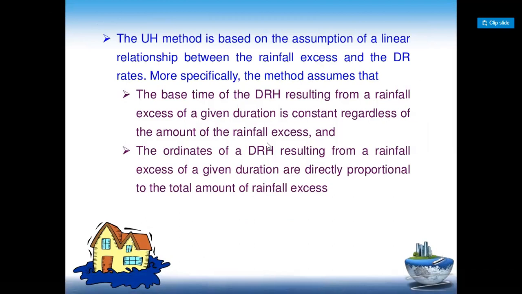More specifically, the method assumes that the base time of the direct runoff hydrograph resulting from a rainfall excess of a given duration is constant regardless of the amount of the rainfall excess, and the ordinates of a DRH, direct runoff hydrograph, resulting from a rainfall excess of a given duration are directly proportional to the total amount of rainfall excess.